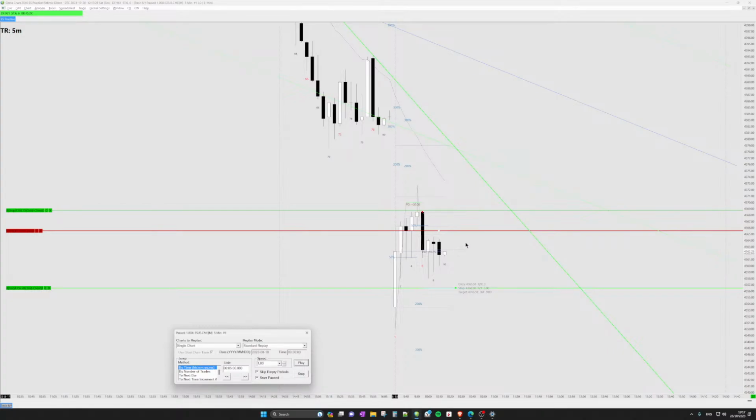Inside bar. Now include that mother bar. So now this is the drop zone. Also, we'll put that inside bar. This is the drop zone, and if it failed from here, it could easily reverse. Now it's much better to short in this case.